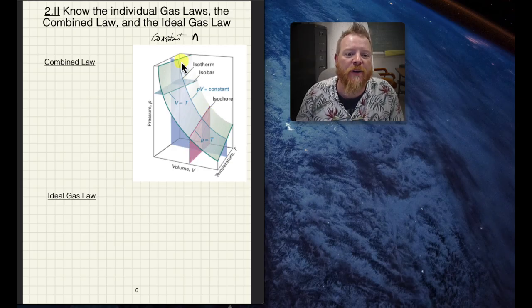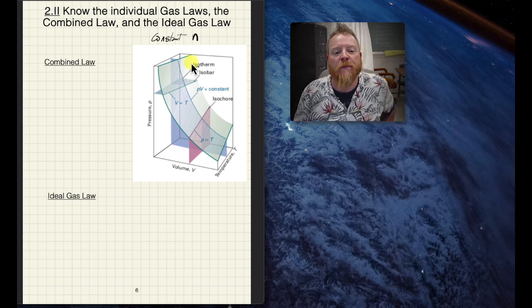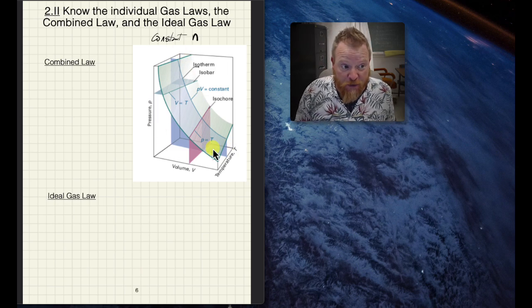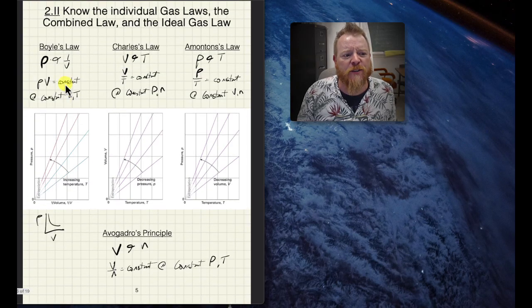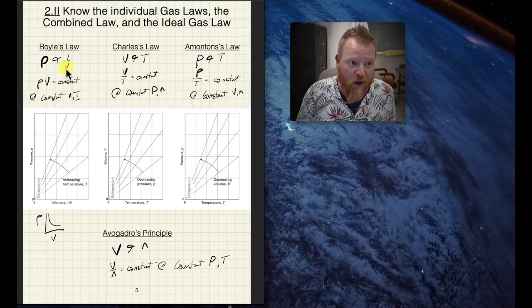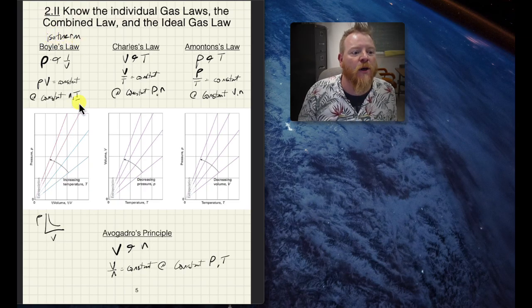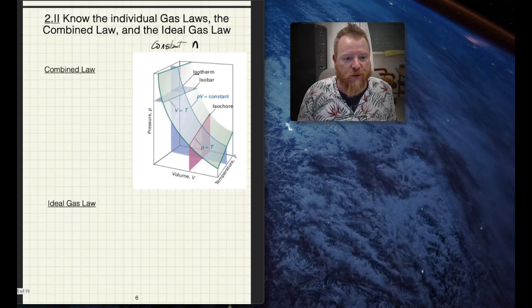So for example, here we have this isotherm, iso meaning same or constant. So an isotherm is the behavior of pressure and volume at constant temperature. And if we go back and look at the other slide here, we can see that that would describe Boyle's law. So I'm going to write that down right up on top there. Boyle's law describes our isotherms.